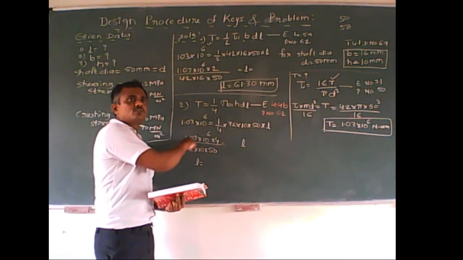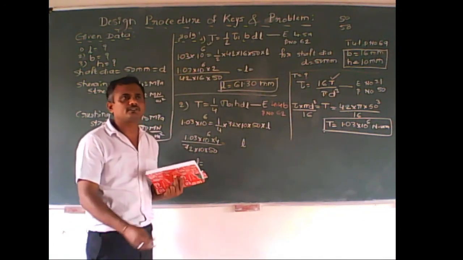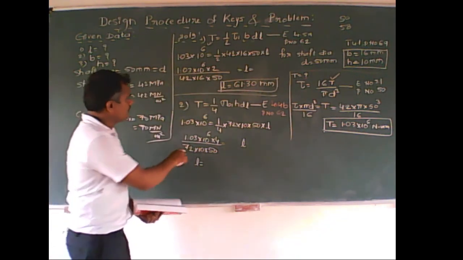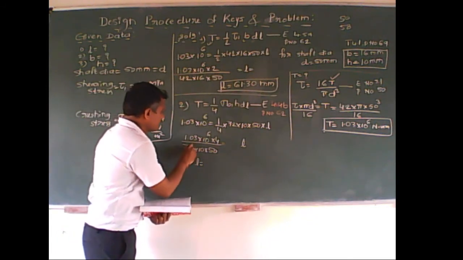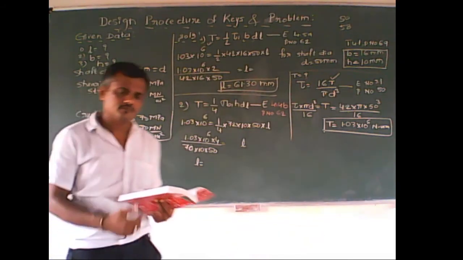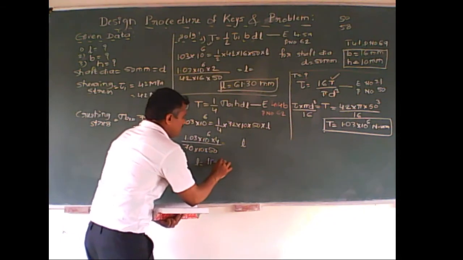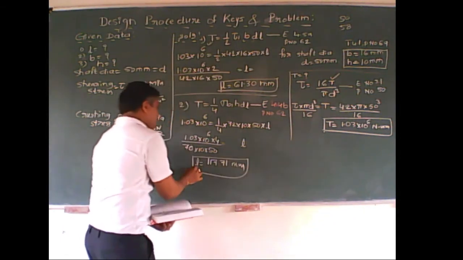Because if you take 1.03 with two or more digits, then definitely you will get a different answer. No problem at all. 70. Sorry, it is 70. 117.71, correct? 117.71 mm. So the problem is over.